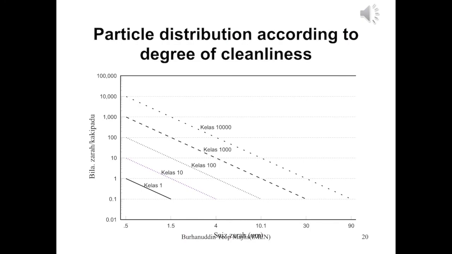For example, about 30 micron particle size only exists in class 1000. It's about 0.1. And for class 10,000 it is about 1. So this is the distribution of particles according to degree of cleanliness.